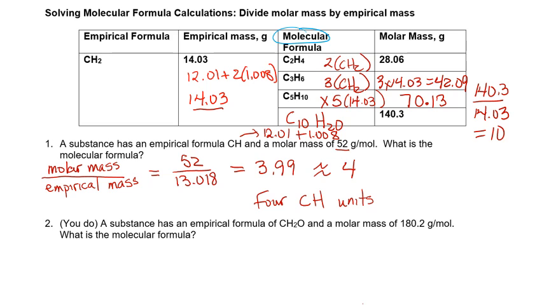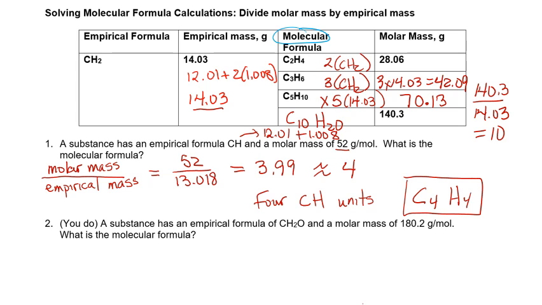In other words, we have C4H4. So let's go back and look at what we did. We figured out the mass of the CH. That was 13.018. We took the molar mass, 52, divided it by 13.018 to give us 4. Now we know we have 4 CH units.